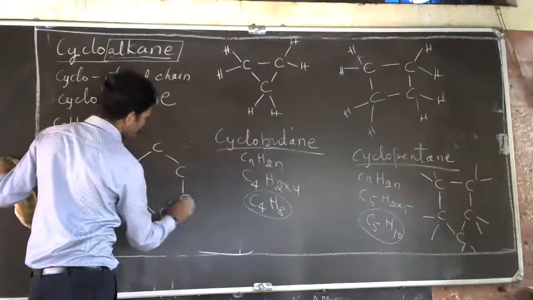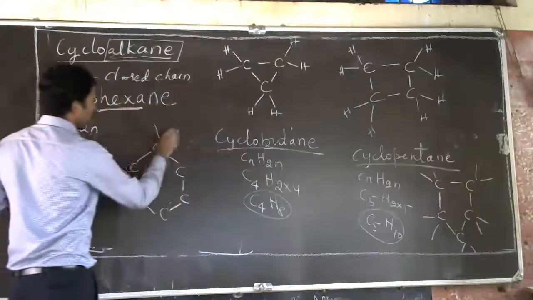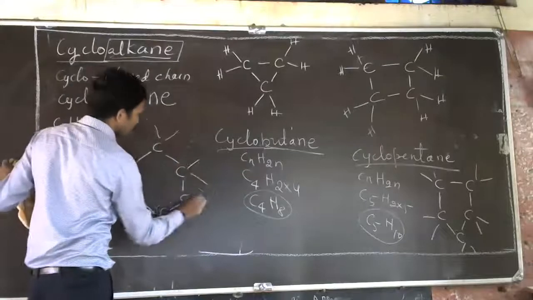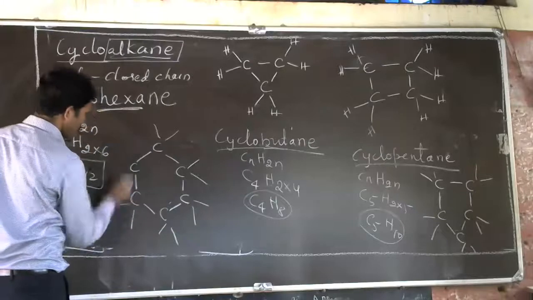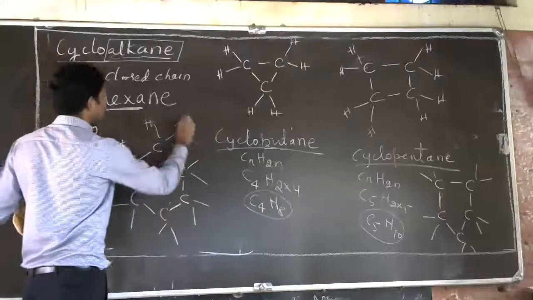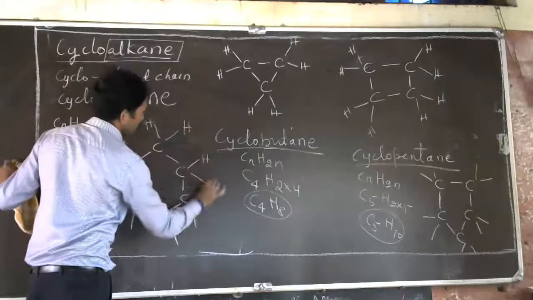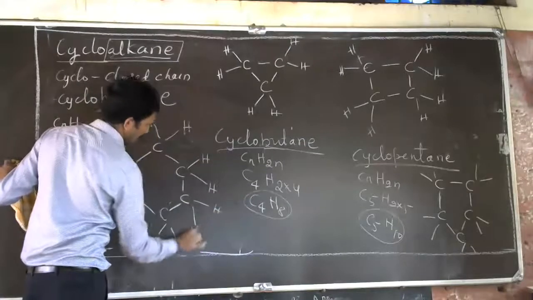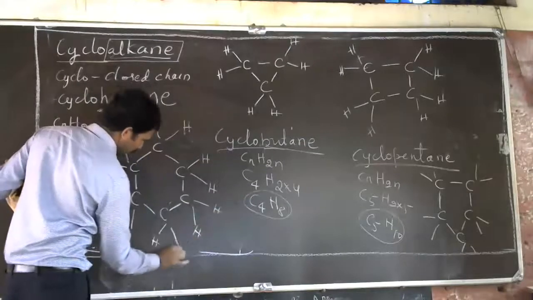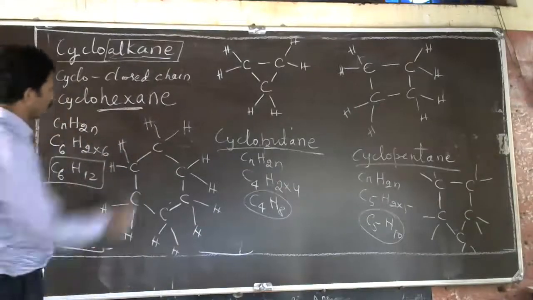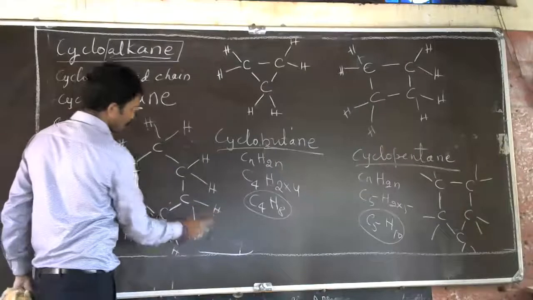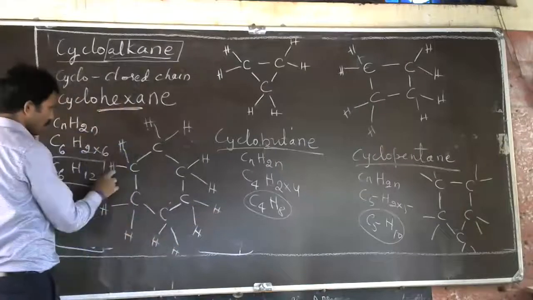This is how we represent the carbon atoms. For every carbon atom, 2 hydrogens should be placed. See, C6H12: 1, 2, 3, 4, 5, 6, 7, 8, 9, 10, 11, 12.